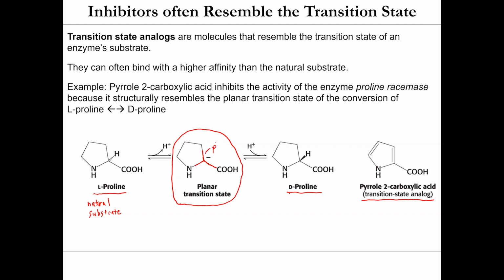So this molecule, pyrrole 2 carboxylic acid, is designed to mimic that planar transition state more than the L or D proline isomers, and so it is a very effective inhibitor of proline racemase. This is just more information reiterating that enzymes work best when they stabilize the transition state of a reaction, so inhibitors often resemble the transition state.